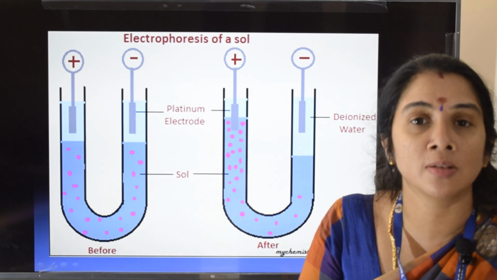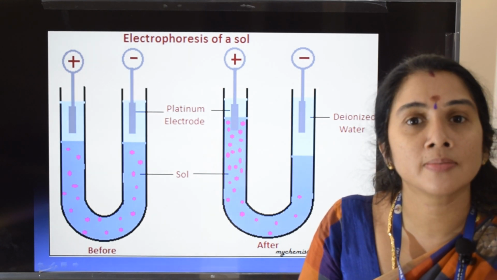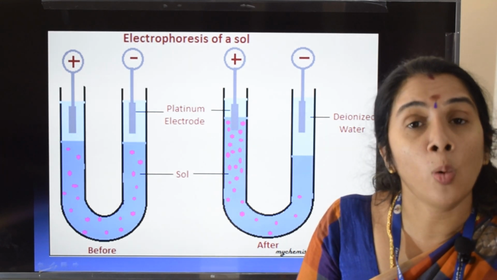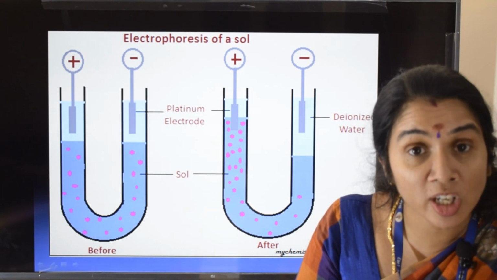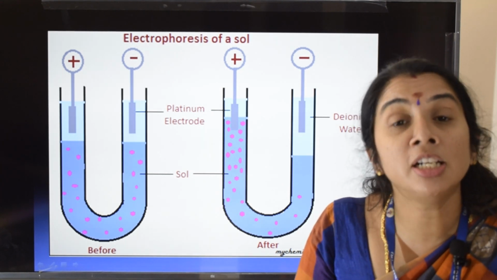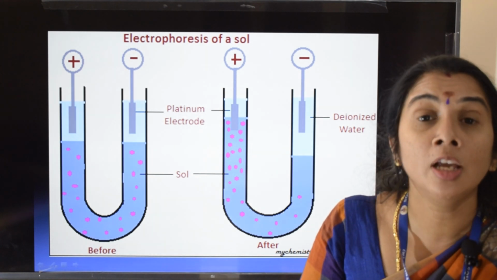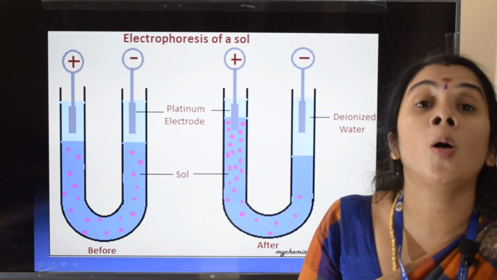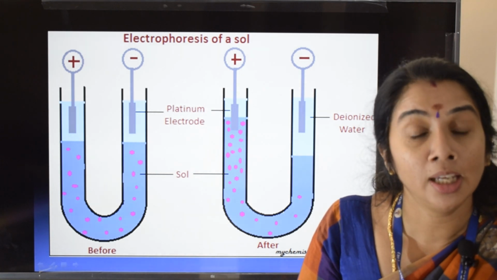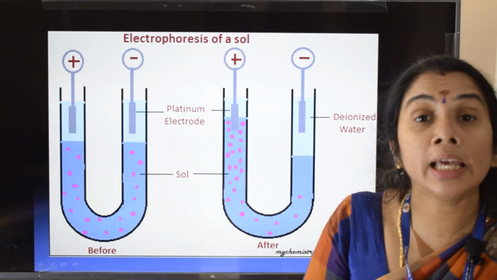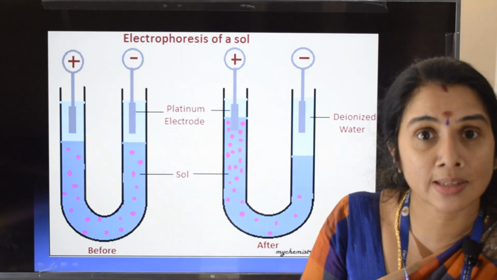You restrict the motion. Then what happens? In such a situation, the particles of the dispersion medium, that is the solvent molecules, will start moving towards the oppositely charged electrode. That motion is known as electro osmosis.